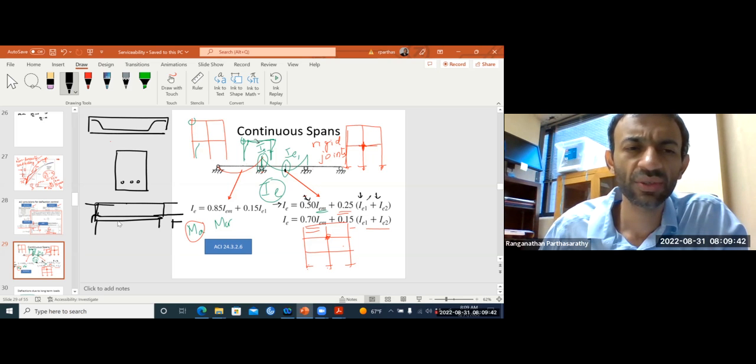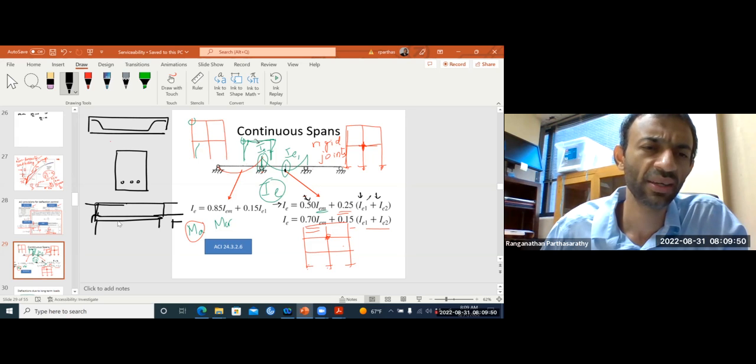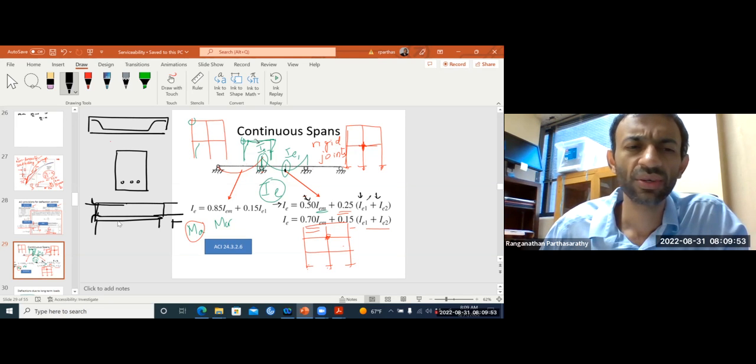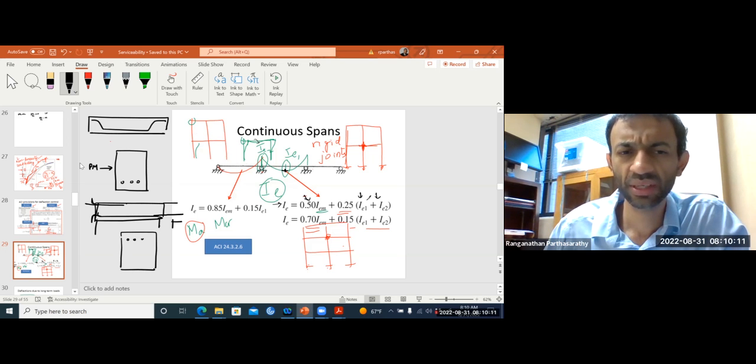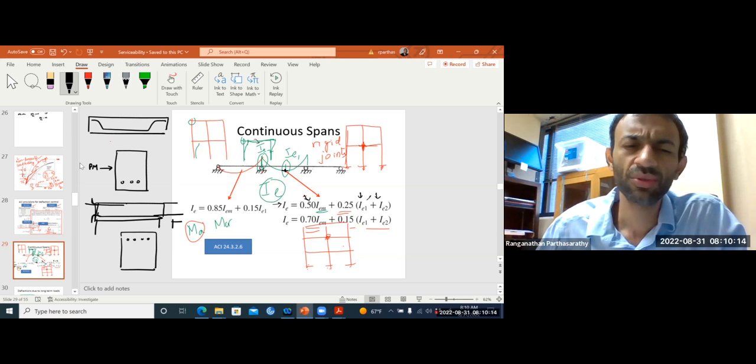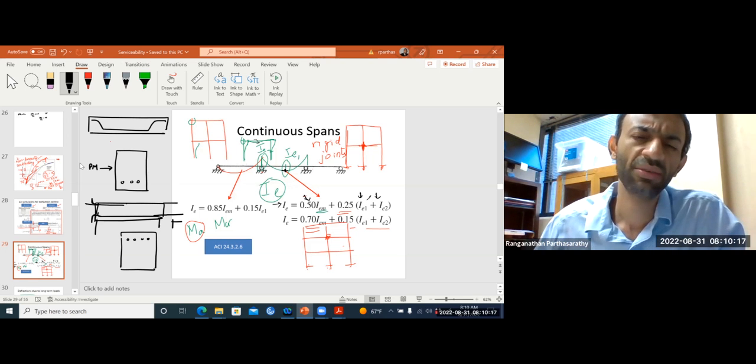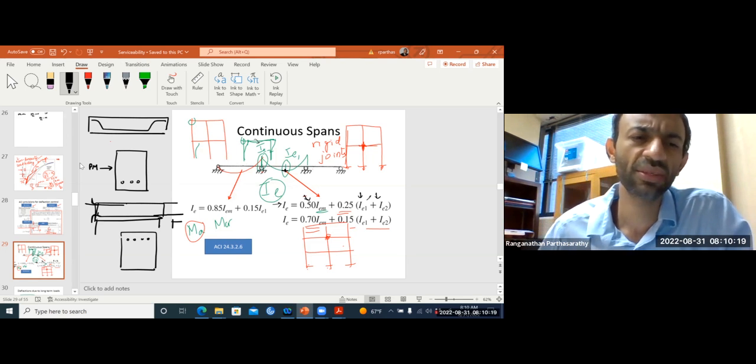For your tension steel, you will stop it where you get your cutoff point or wherever you have sufficient development length, right? So your section looks different for your positive moment region and your negative moment region. In the positive moment region, your rebars are at the bottom. In your negative moment region, your rebars are at the top. So both sections are different and they will have different moments of inertia.